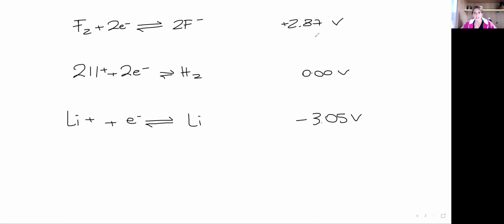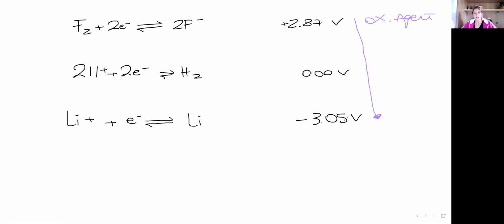The more positive it is, the more likely it is to gain electrons. Gaining electrons means reduction, so it will be the strongest oxidizing agent. So as we go down the reactivity series, we have at the top the strongest oxidizing agent, and at the bottom the weakest one. But it's the opposite for reducing agents.